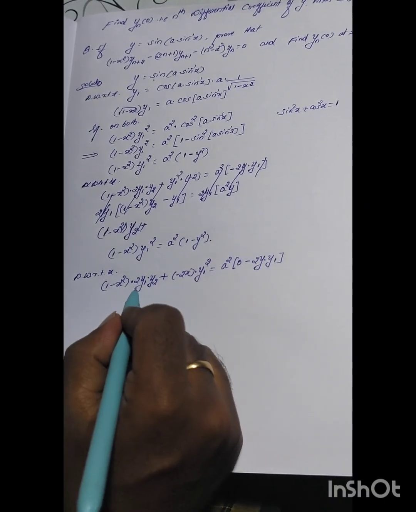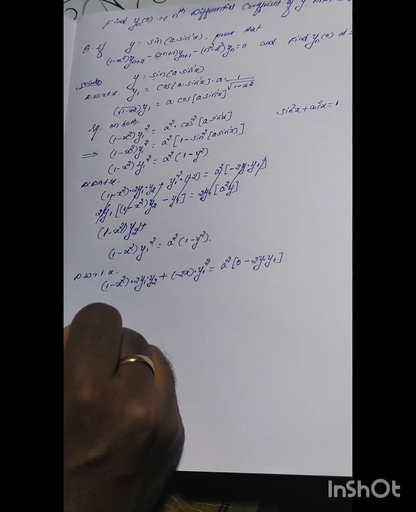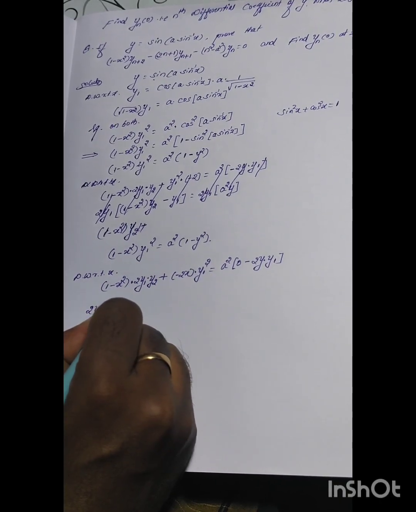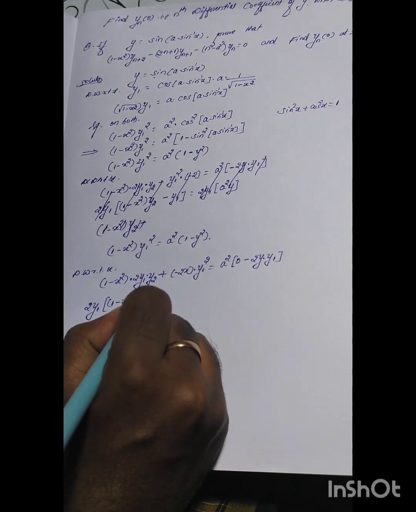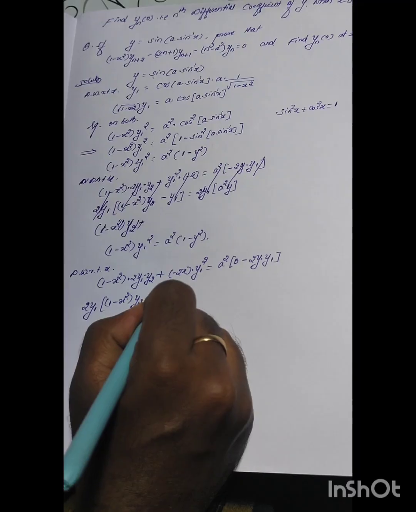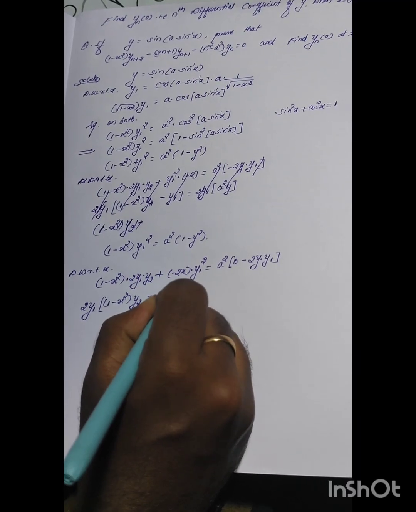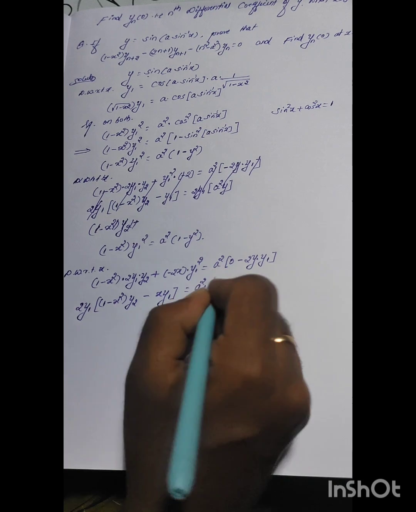Here 2y1 is common in all the terms, so let's take 2y1 common outside. That will become (1 minus x square) into y2 minus 2y1, I have taken common already outside, so what is remaining is only xy1, equal to a square into 2y1.